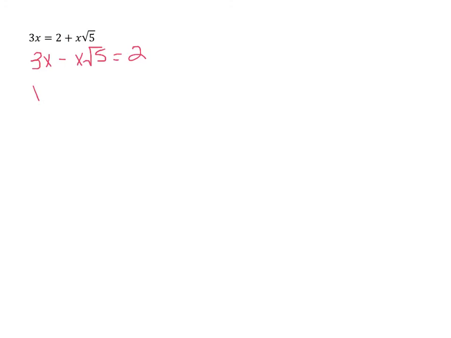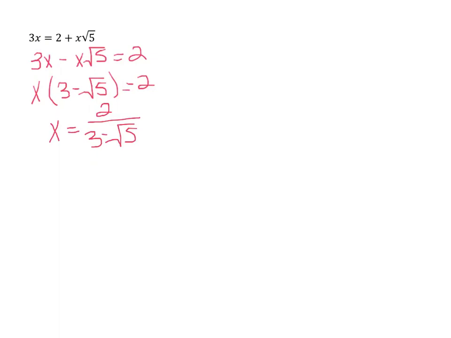Because then I can factor out the x and get 3 minus the square root of 5 is equal to 2. And now I can think of this as the coefficient of x. And the way that you isolate x is you divide by the coefficient. So x is now equal to 2 over 3 minus the square root of 5. And of course from here, we need to rationalize this denominator. We multiply by the conjugate.